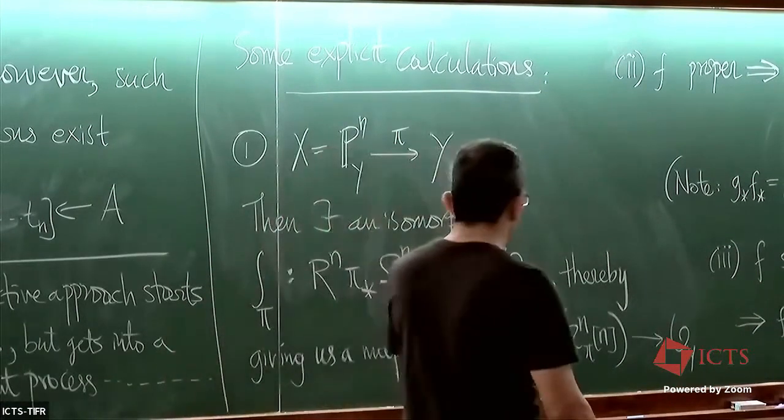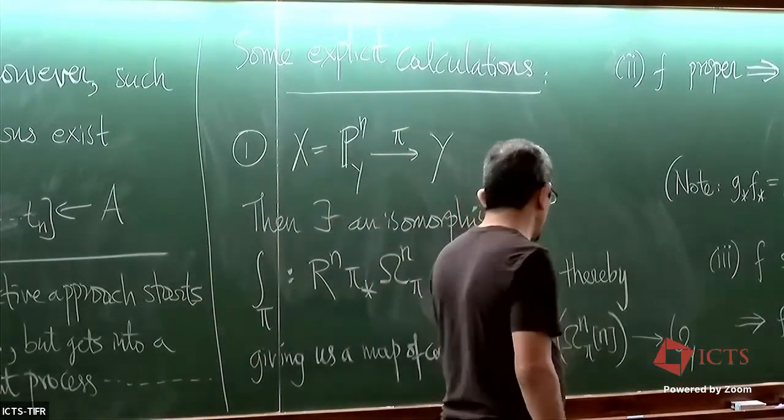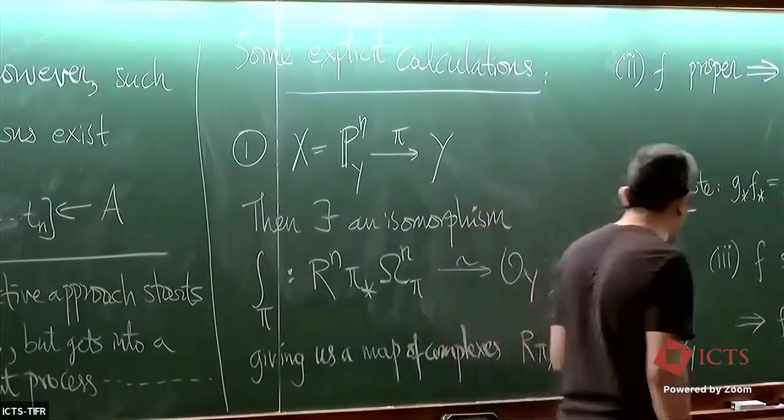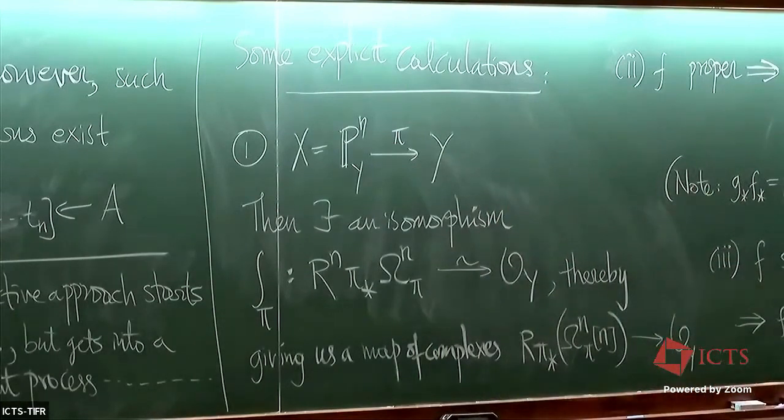So this is like your f upper shriek of O_Y, or pi upper shriek of O_Y. This is R pi lower star pi upper shriek of O_Y to O_Y. And that's because pi upper shriek is also right adjoint. So this is based on some explicit calculations, which is done in standard textbooks in algebraic geometry. But I will just very briefly sketch this and move on.